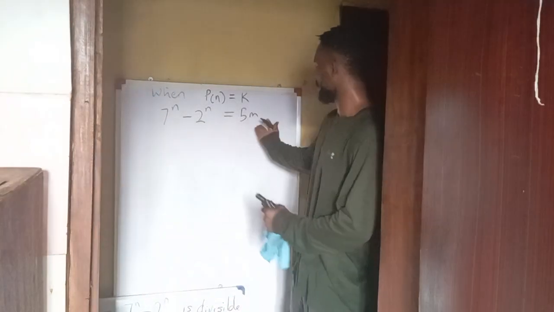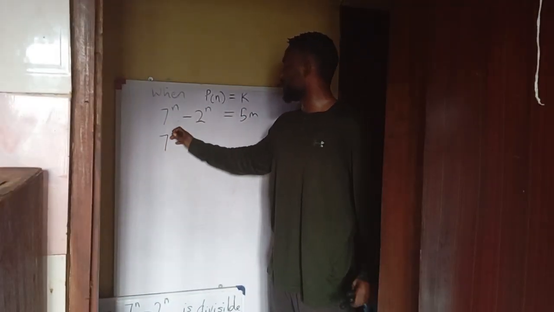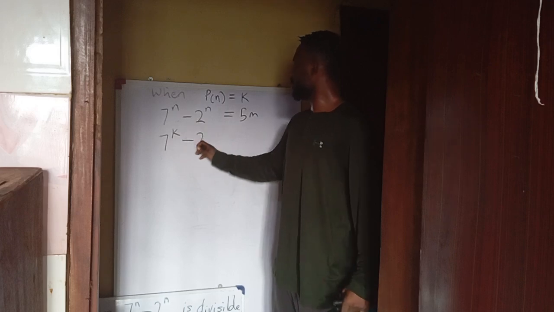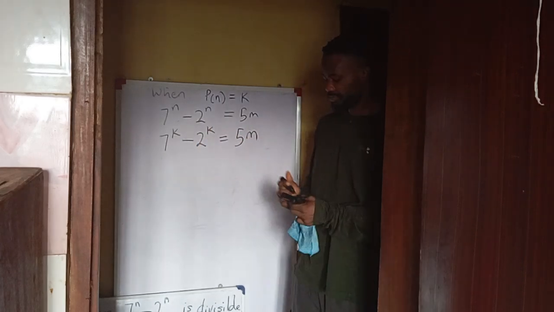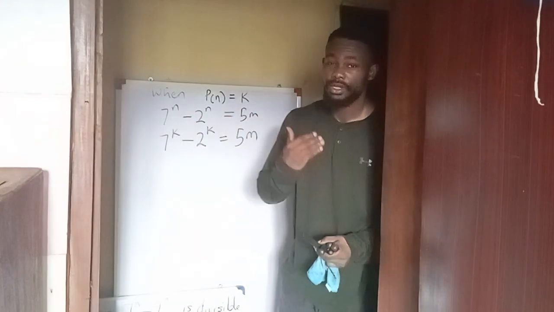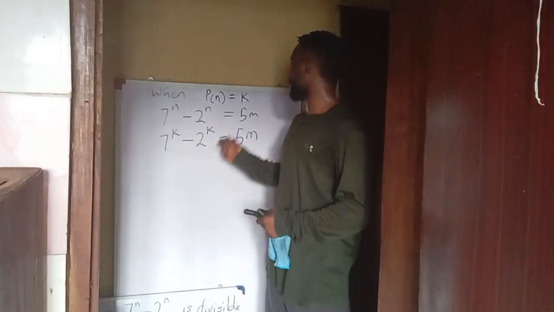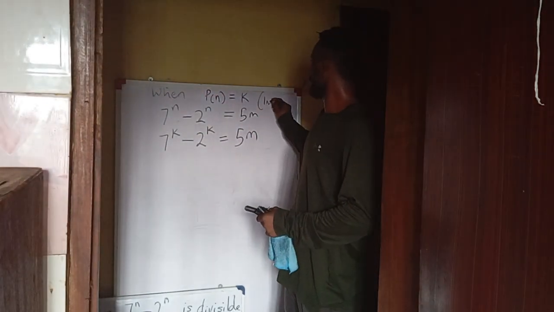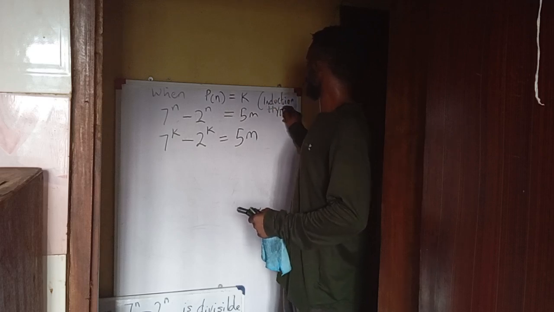You can use z or whatever. So anywhere I see n here, I replace it with k. This is going to be 7 raised to the power k minus 2 raised to the power k is equal to 5m. So this stage is the assumption stage, or you call it the induction hypothesis step, the second step.